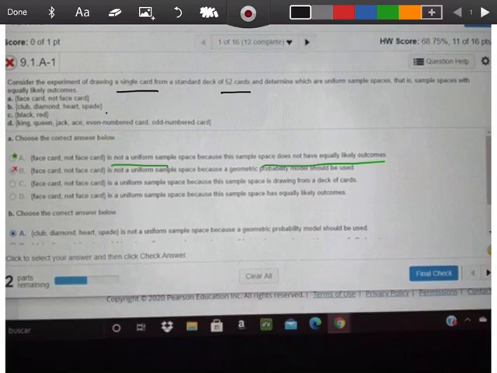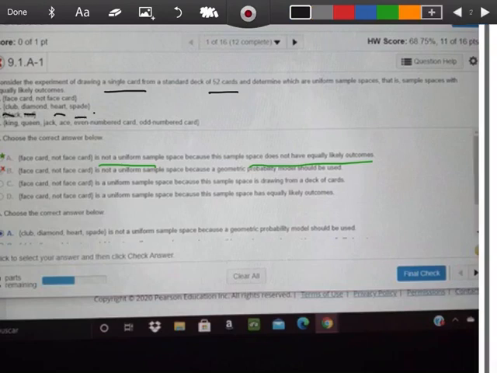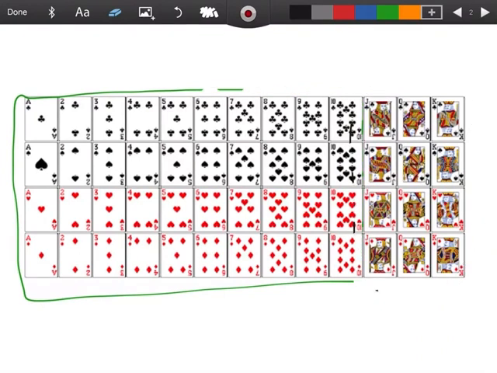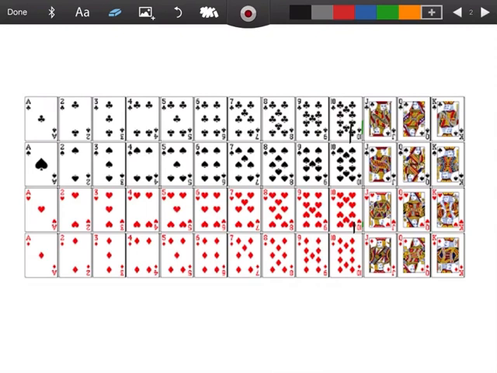So part B says, would we have the same chances of getting a club, a diamond, a heart, or a spade? So I'm going to come back over here. Let me erase this business here that we have. And so we want to know, do we have equally likely outcomes of getting a club, a heart, a diamond, or a spade? And yes, we do, because if we notice, we have 4 suits, and there's 13 cards in each suit, right?